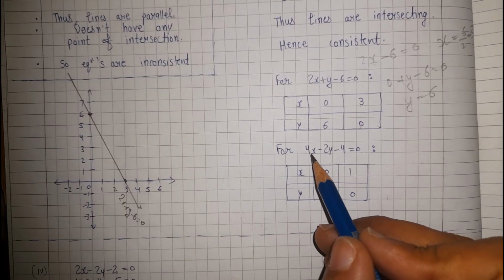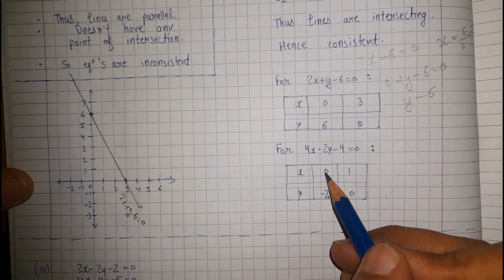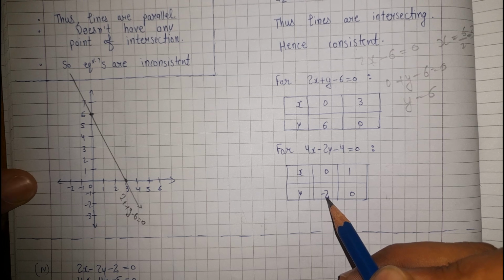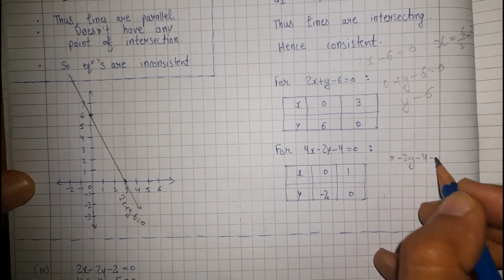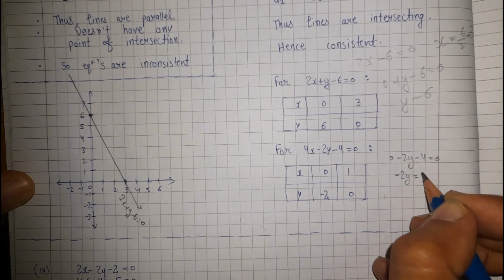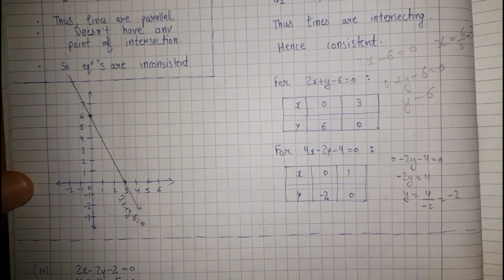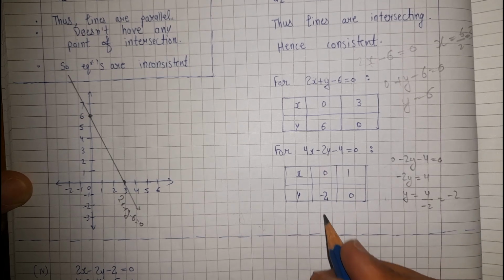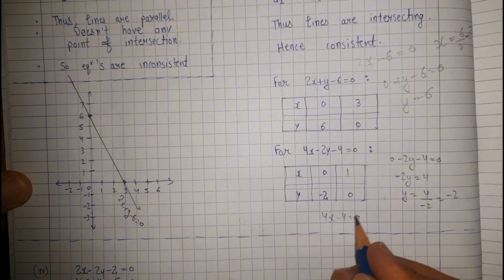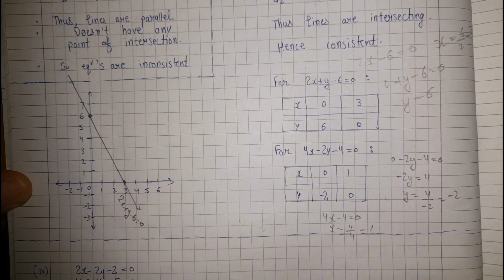Now for 4x minus 2y minus 4 is equal to 0. At x equal to 0, y is equal to minus 2. That is, by putting x equal to 0, we have minus 2y is equal to 4 and y is equal to 4 upon minus 2, that is minus 2. So when y is 0, then x is equal to 4 upon 4, equal to 1.